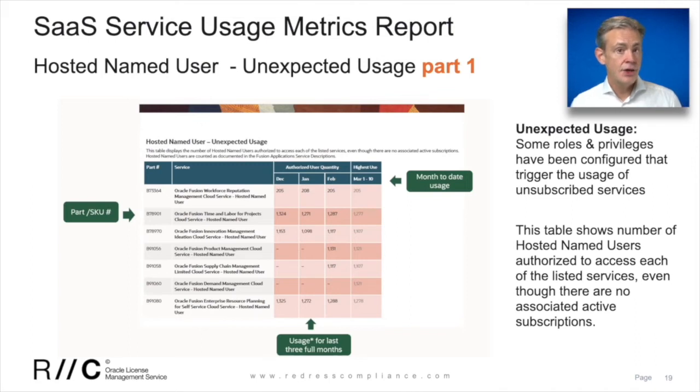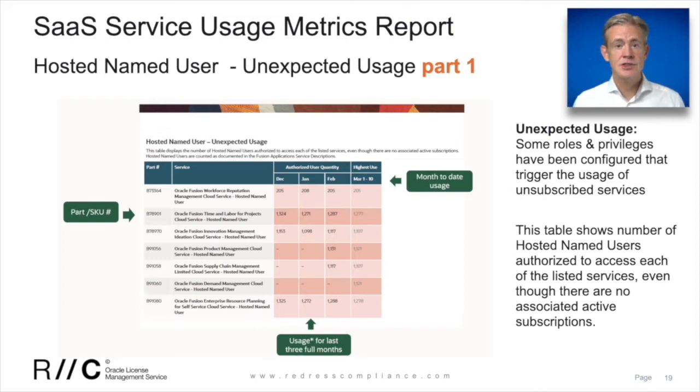Again, as in the other report, here you will see the part number and the service name, including the subscription metric. You will also see, just as in the previous report, the last 3 months of usage and the usage number for the current month.